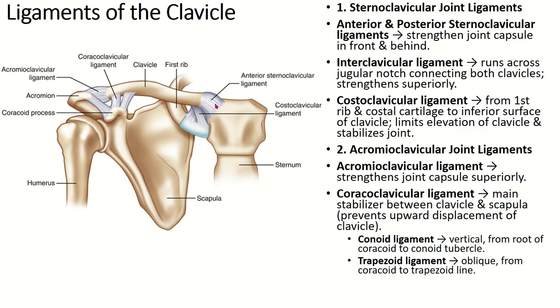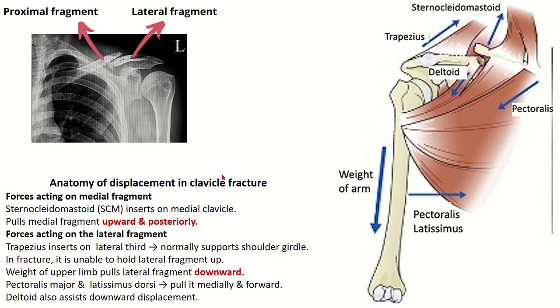Other ligaments of the clavicle: the anterior and posterior sternoclavicular ligaments, and this is the costoclavicular ligament, and the acromioclavicular ligament, and this is the coracoclavicular ligament. The fracture of the clavicle we partially discussed. A fracture usually occurs at the junction of the medial two-thirds and lateral one-third, where two curves unite.